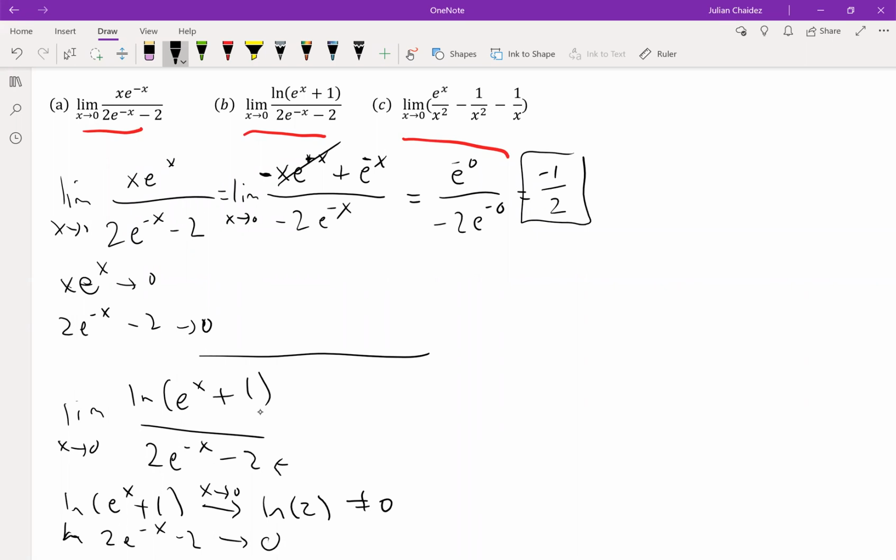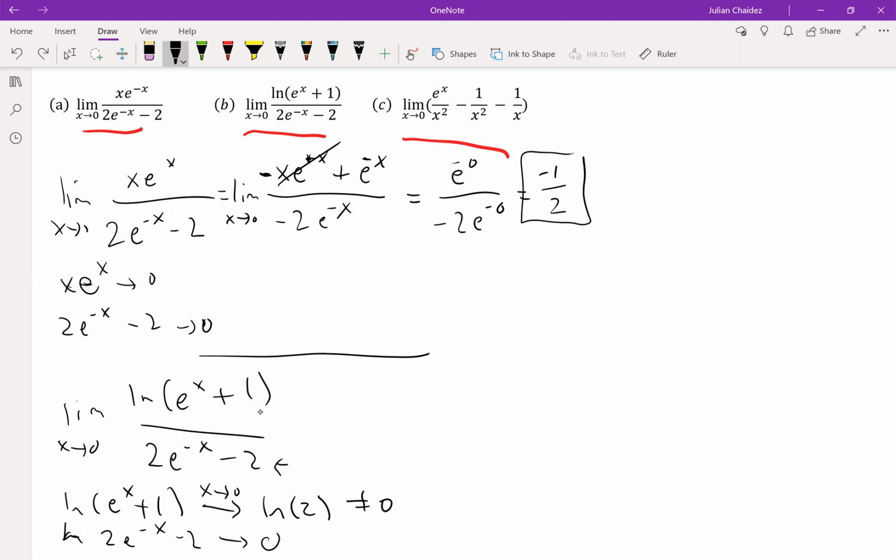So this means that the limit actually diverges. L'Hopital does not apply because in order for L'Hopital to work, either both the top and the bottom have to go to 0, or both have to go to infinity.